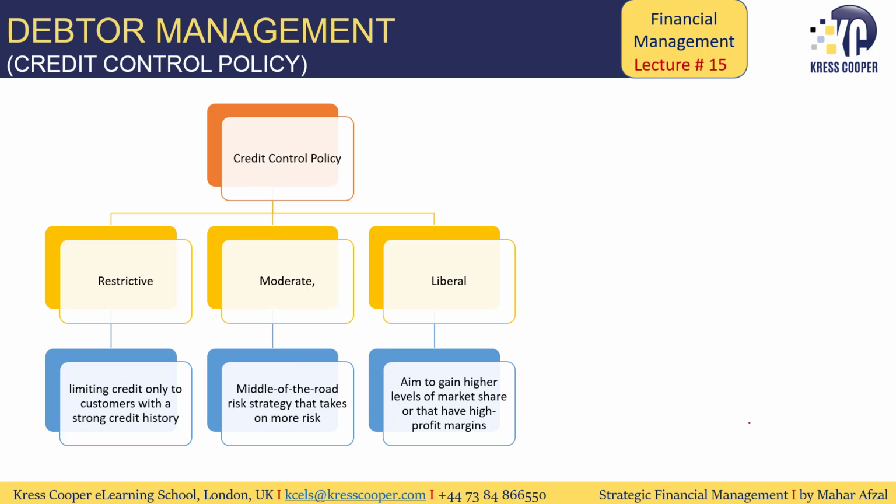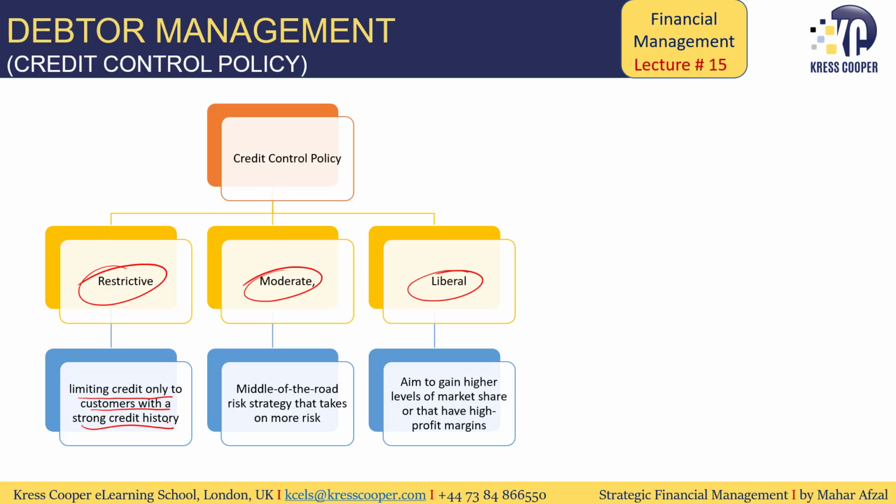Credit control policy. There are three different ways of setting the credit control policy. It can be a restrictive credit control policy, a moderate policy, or a liberal credit control policy. In the case of a restrictive credit control policy, companies limit credit only to customers with a strong credit history.